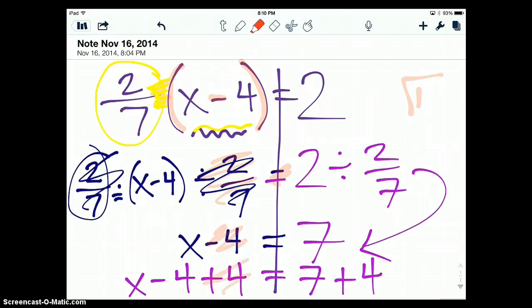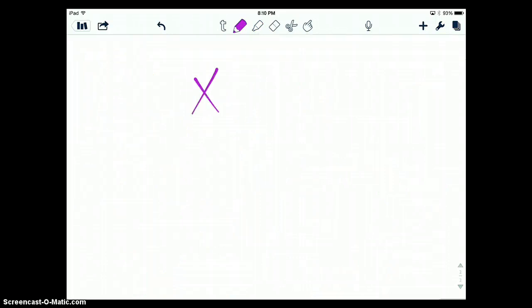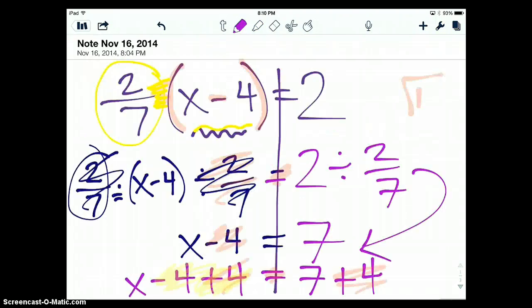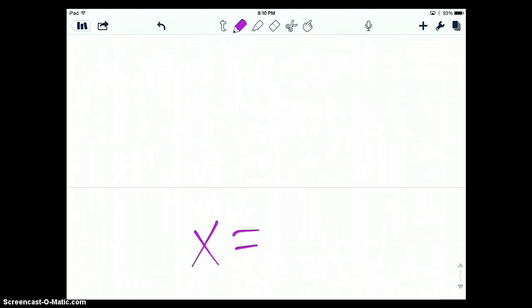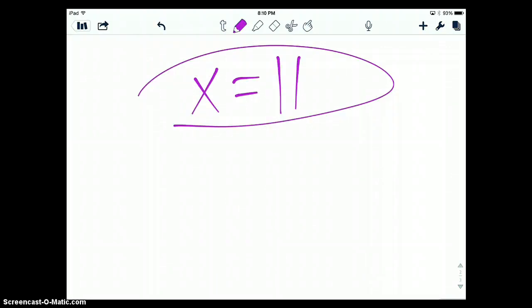So we perform the same thing to both sides. And now when we simplify, we have opposites happening here, so those just go away, and we'll be left with x. So now I just get x, which is what I want. And then here, 7 plus 4 is 11. And now we got what x is worth.